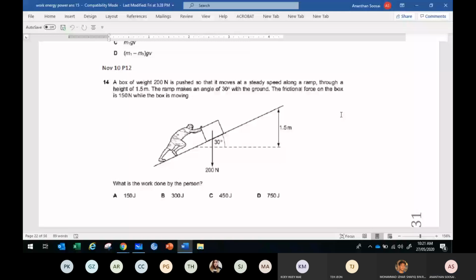Okay, so anyone got the answer for this? Please send me through WhatsApp. Hope all of you give me the same answer. Okay, so I got one answer, C. So only one sent me the answer. The others? Is it all of you got C?